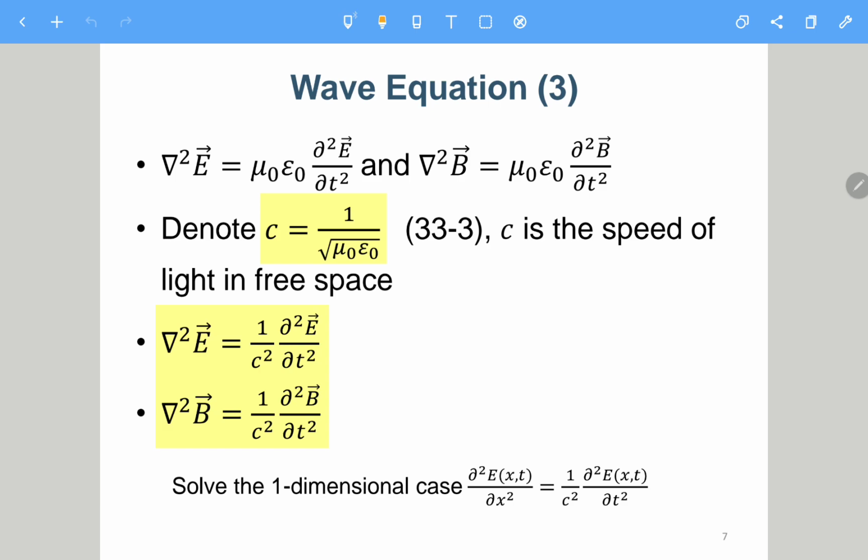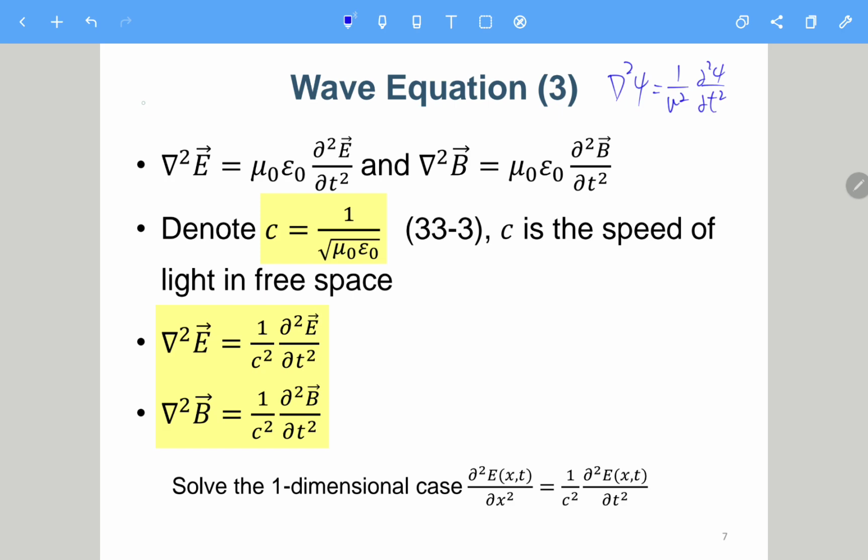So at that time, the wave equation will be like the Laplacian of the wave equals 1 over v squared times the second partial derivative in time. So on the right side, it is 1 over the speed of the wave squared. So in this case, it should be the EM wave, with the speed of light.